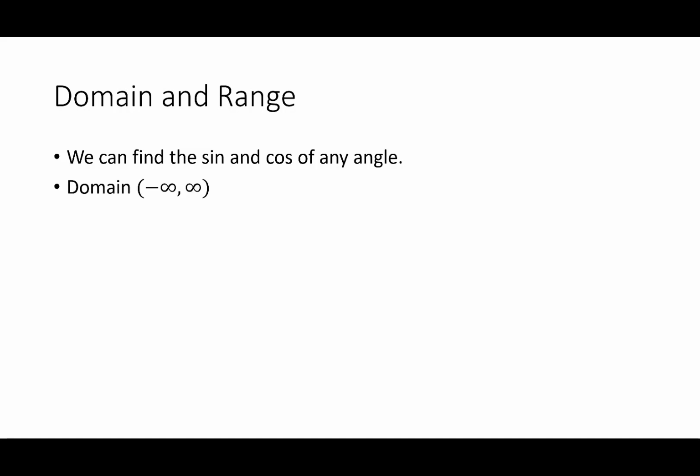So let's quickly talk about domain and range, and I'm mostly going to look at sine and cosine right now. Hopefully you see that as we're finding sine and cosine, we can do that for any angle. It doesn't matter if it's positive or negative, which means the domain for sine or for cosine would be negative infinity to infinity. As we find these values, we're dividing either the opposite or the adjacent by the hypotenuse. The hypotenuse is always the biggest side in a triangle.